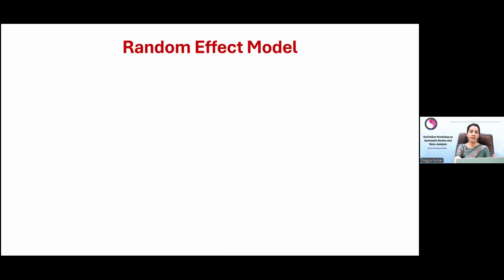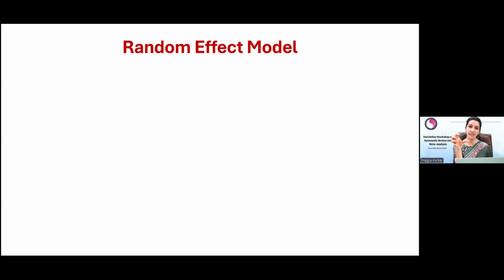Now coming to the random effect model. In the fixed effect model, you should remember the same example: if from a homogeneous population you withdraw samples, you assume that the underlying value is the same, one value, and from there you are withdrawing samples. Similarly, you are having studies.